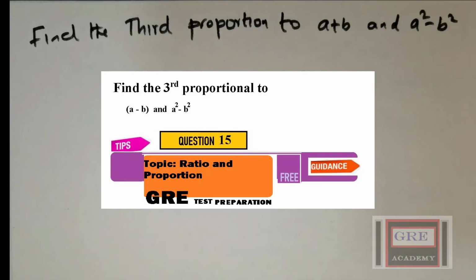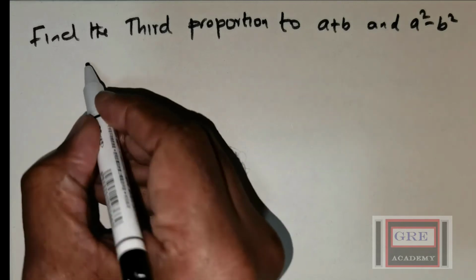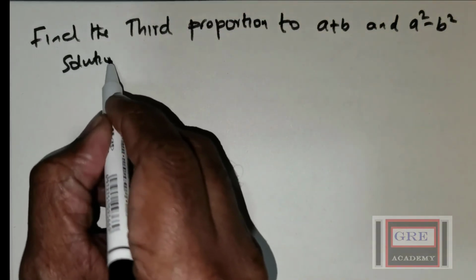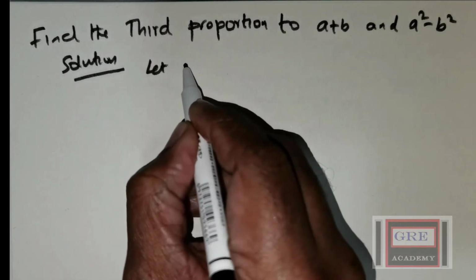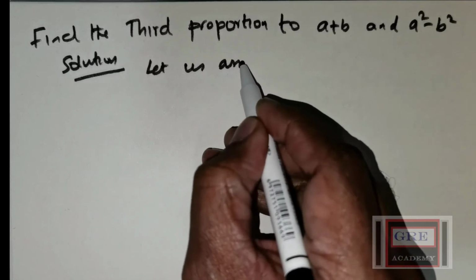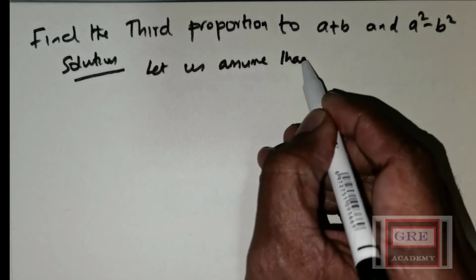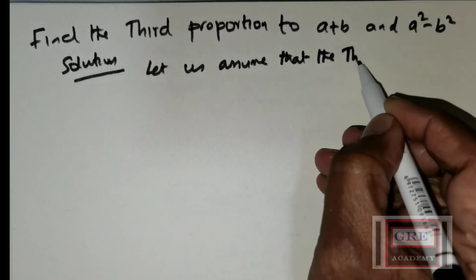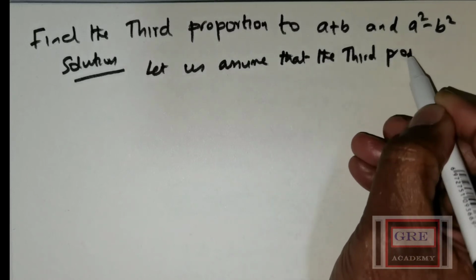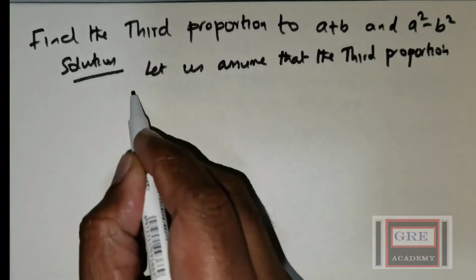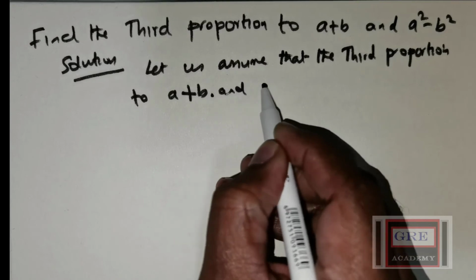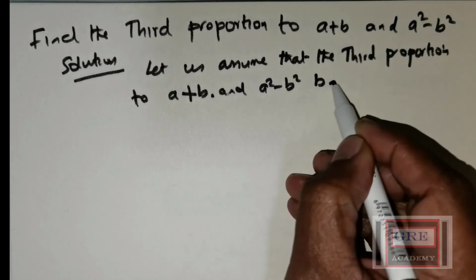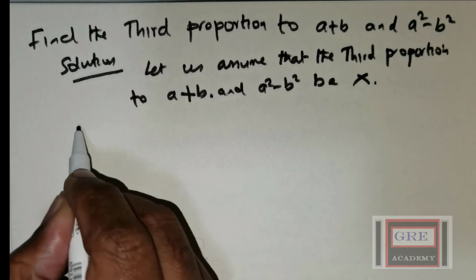Students, we are asked to find the third proportion to a + b and a squared - b squared. So the solution is obtained as follows. We start off by saying, let us assume that the third proportion to a + b and a squared - b squared be taken as x.